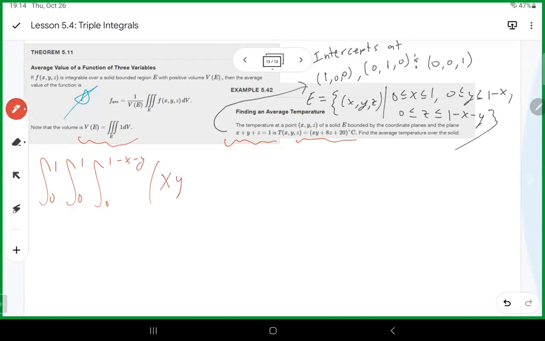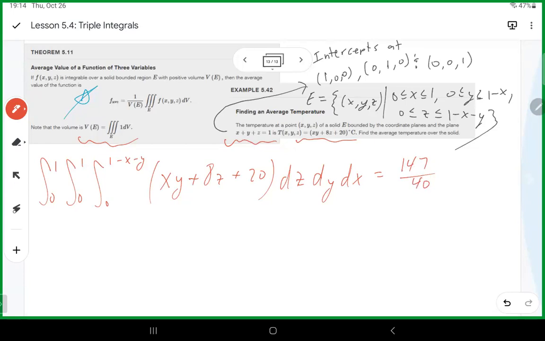It's going to be x plus y plus 8z plus 20 dz dy dx. So that is going to end up being, if you work it all out, 147 over 40.